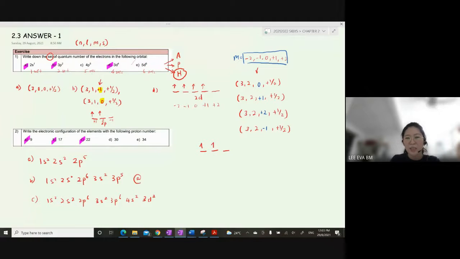Let's say for B, I want to use the core for neon because I know the inner shell, I have 10 electrons. So I can also write it like this. Or for C, if you have a very long core, represent it with argon, then I can write argon and then 4s2 and then 3d2.